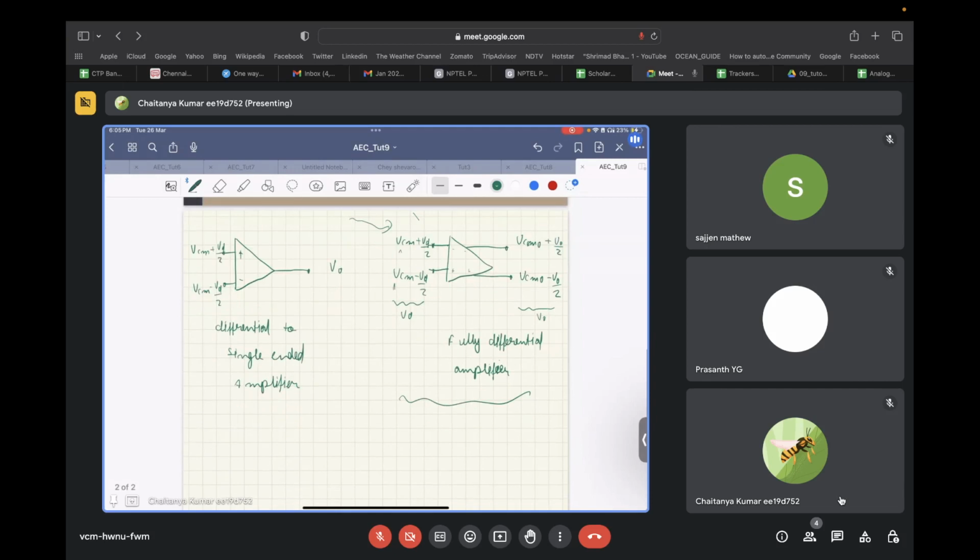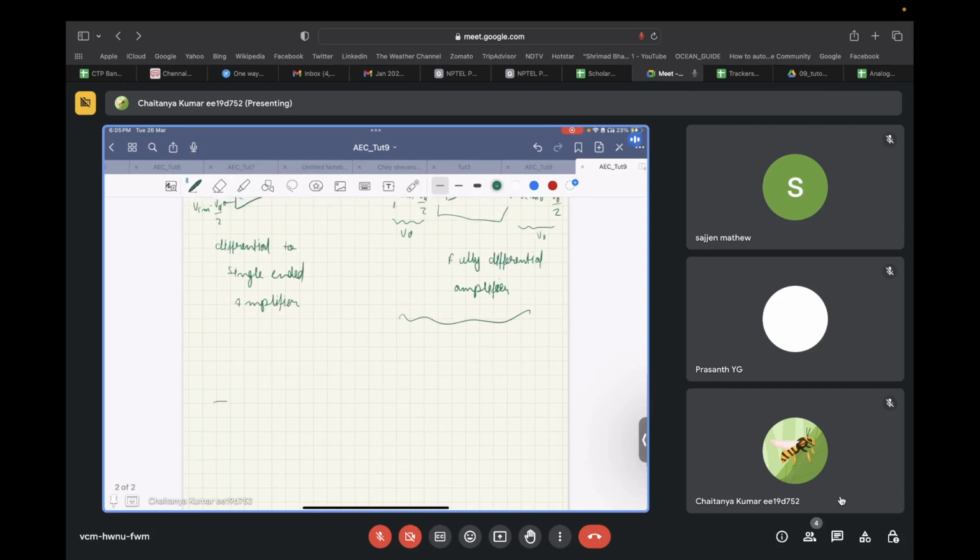One of the most important points is that this kind of fully differential amplifier block can be used in multiple places in a signal chain. So you can make a complete fully differential signal chain, where you will have a cascade of several amplifiers, one after the other.